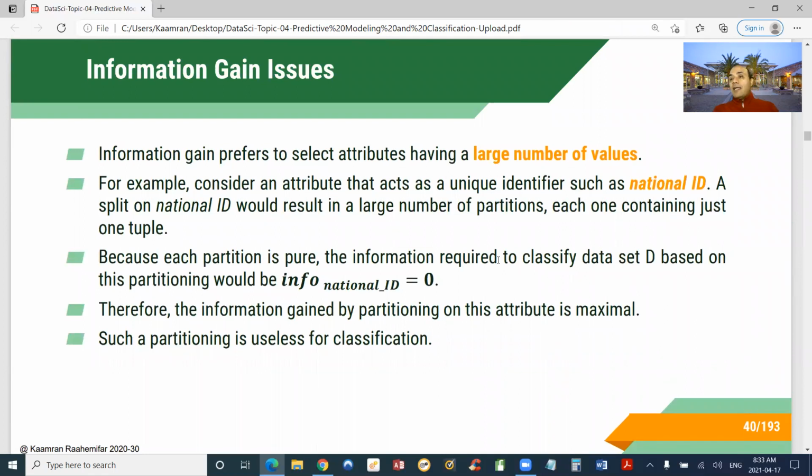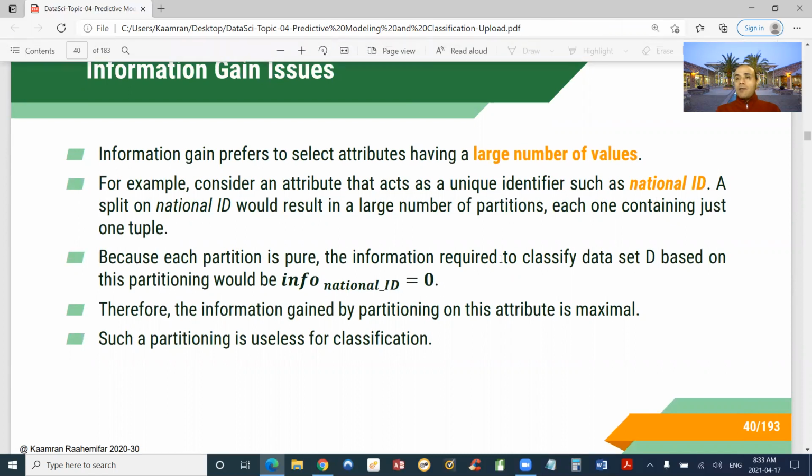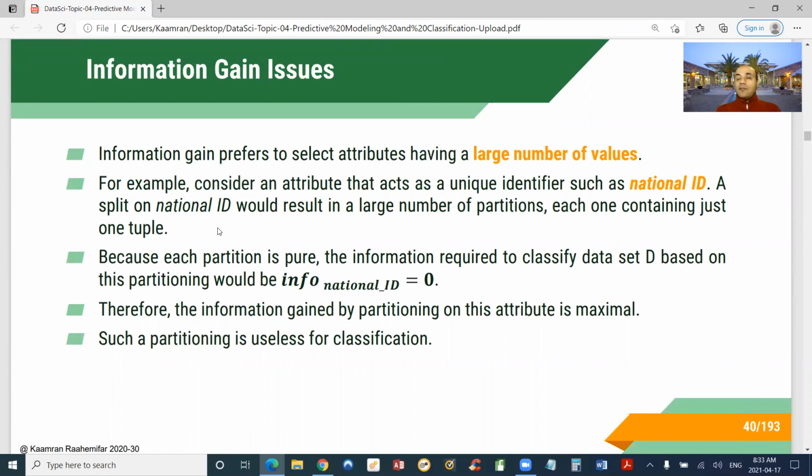Keep in mind that, in terms of clarity in making decisions, in terms of purity and impurity, if you're talking about national ID, obviously everyone is going to have a unique national ID. And if you have a unique national ID, this is going to be pure.